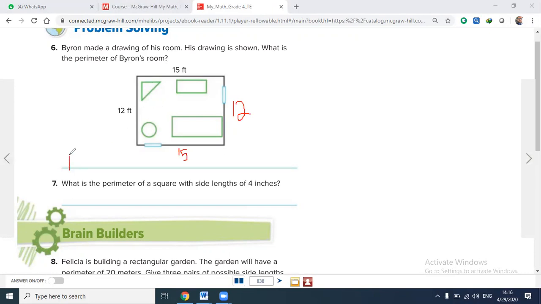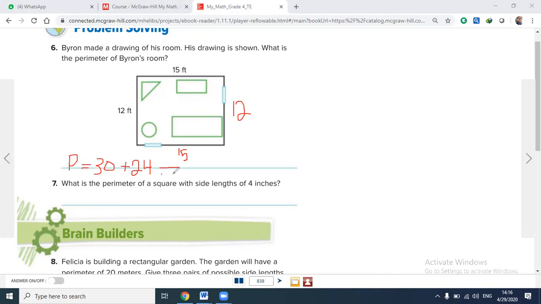So the perimeter is what? 15 plus 15 equals 30, 12 plus 12 equals 24. So the total is 30 plus 24. 30 is twice the length, plus 24, which is twice the width.